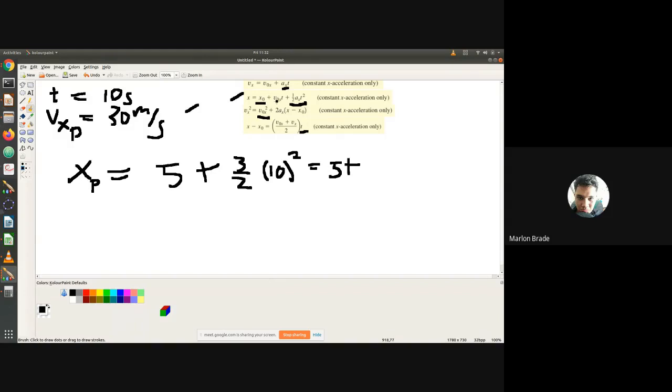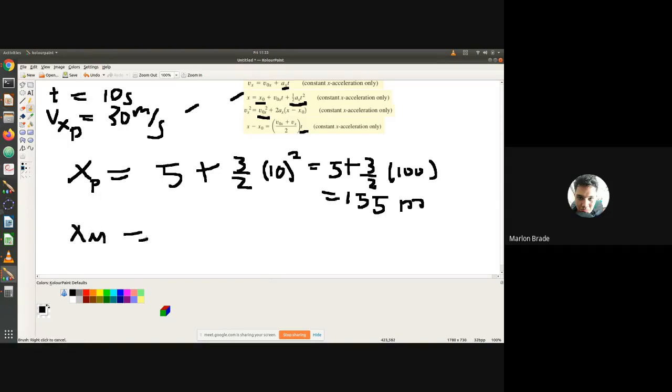His initial velocity is 0. Then 1/2 ax is 3. So we have 5 plus 3 over 2 times 100. So this is equal to 155 meters. 50 times 3 is 150, 150 plus 5 is 155 meters.